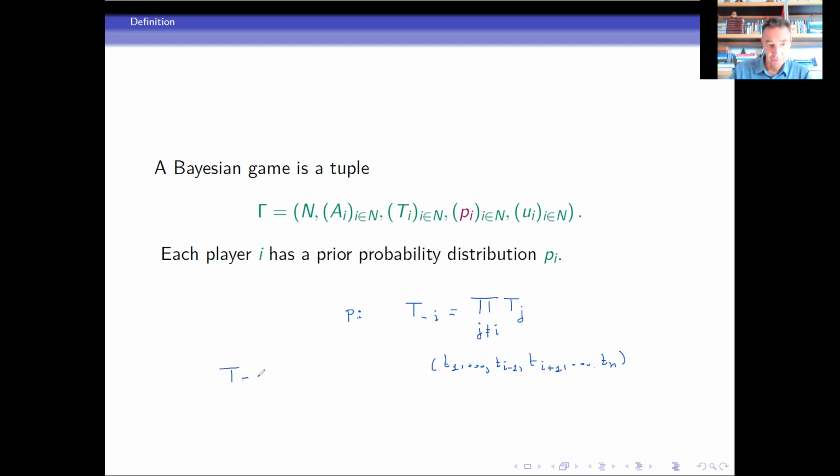In general, if you really look at it ex ante, you can have the Pi on the complete T, so even before you know your own type.